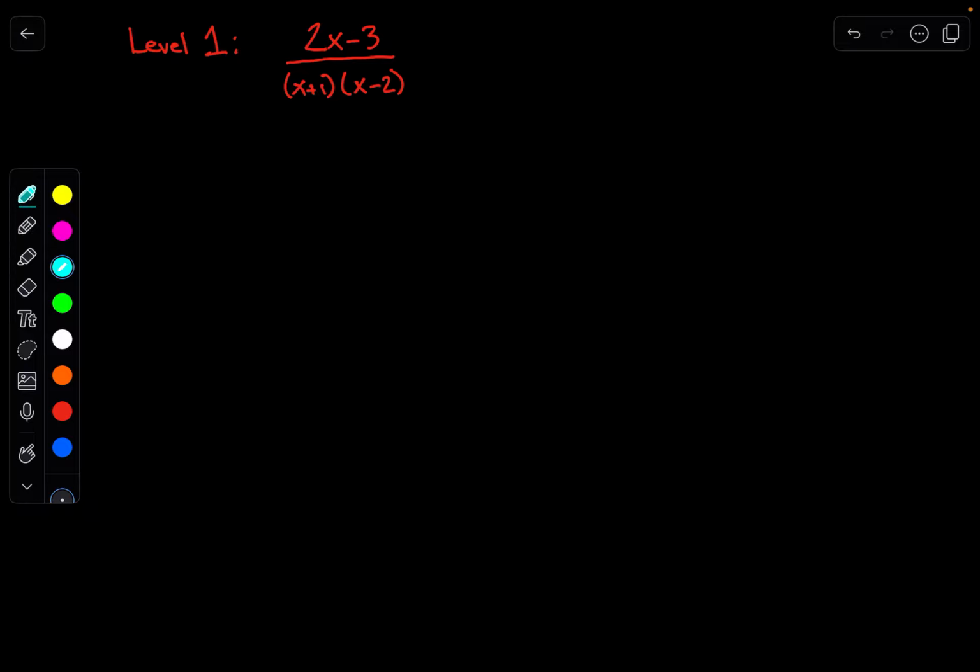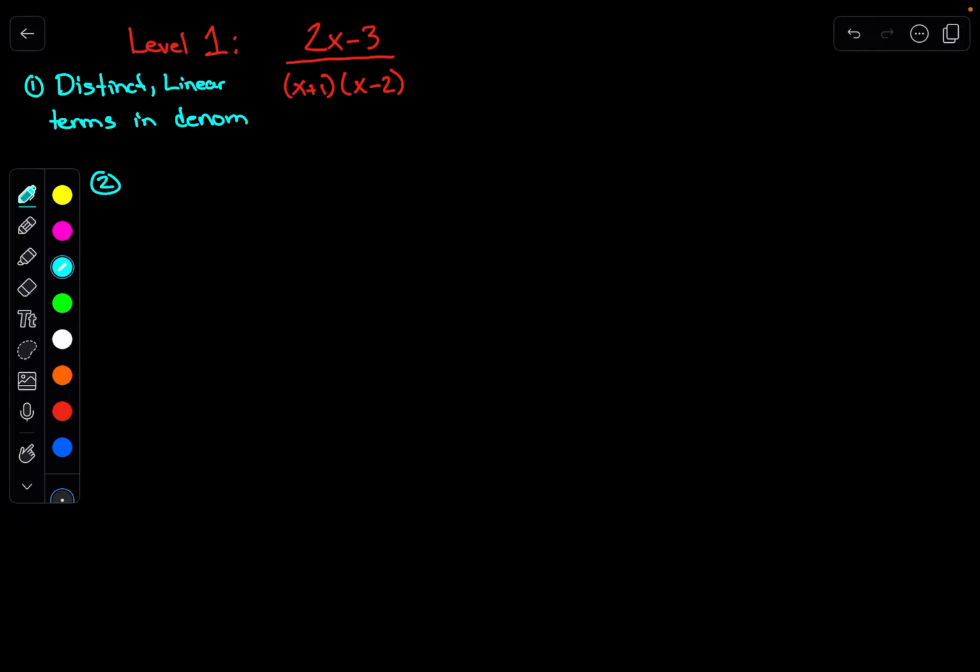Some things that I want to note here is, one, that we have distinct linear terms in the denominator.